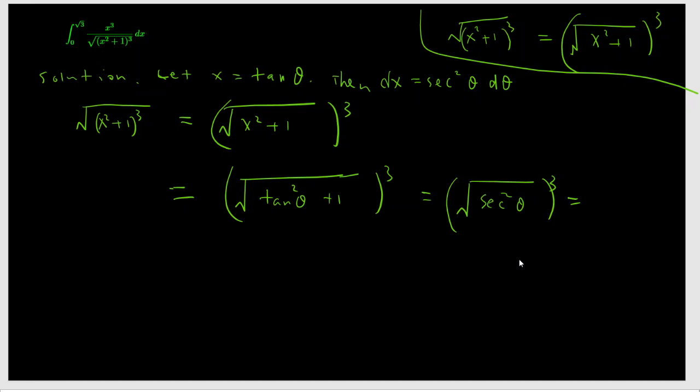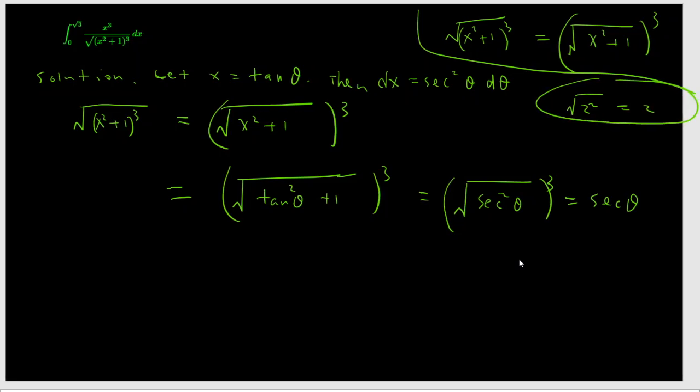I'm trying to say square root of secant of theta, the whole thing squared, now becomes secant of theta. It's kind of 2 squared, and then you take square root. It's the same thing as 2, right? It's comparable to that. Okay. So do not forget the cubed. This cubed is coming from that 3.